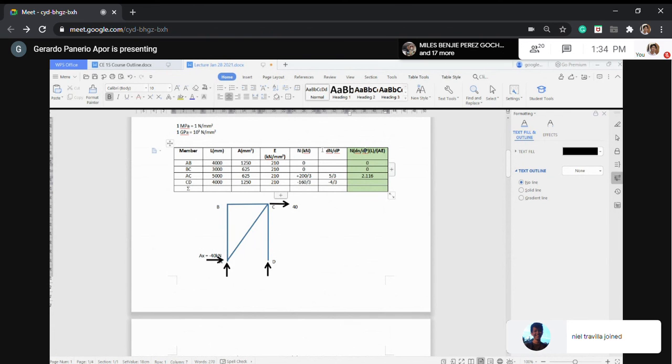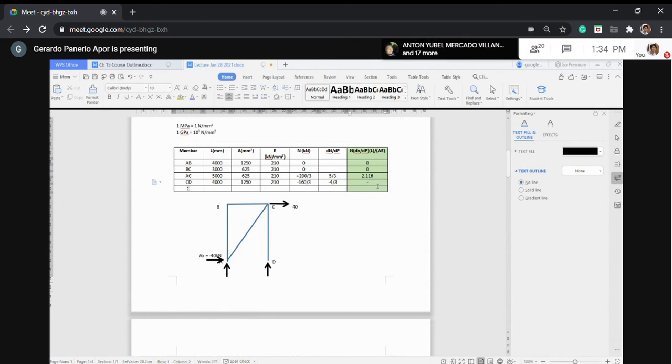Okay, this will be in mm. Then this one is minus. That's 160 times 4 times 4,000 divided by 9 divided by 1250 divided by 210.